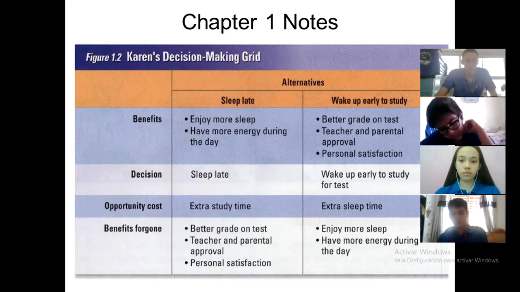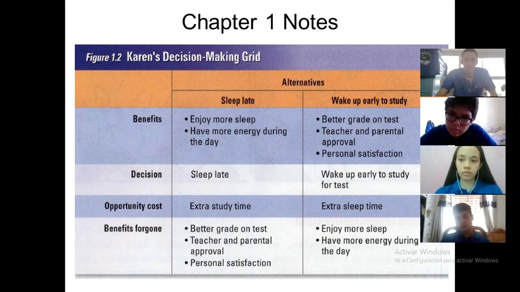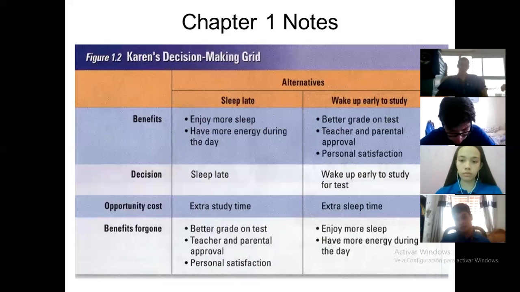So over here, if she decides not to wake up early in the morning, that means her cost is that she's not going to get a good grade. And the benefit is that she's going to wake up very rested, happy, and she's going to feel good because she slept what she's supposed to sleep.